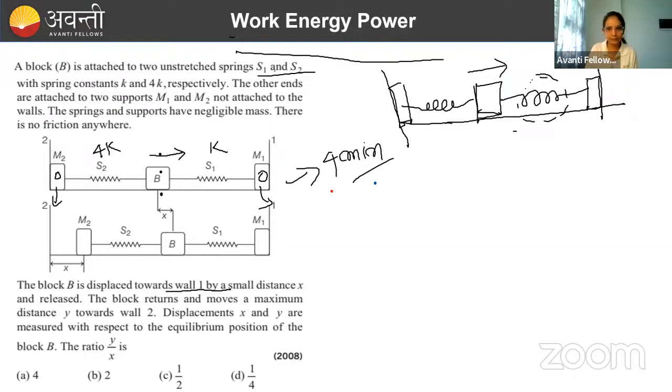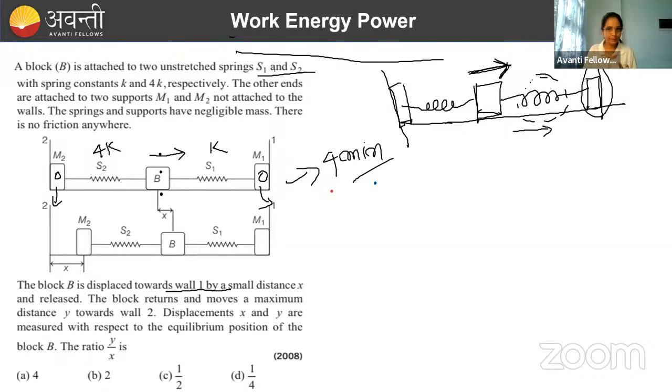In that process, this block is not going to move, because on this there are no forces acting, because this is applying a force. This is moving towards this, so this is compressing the spring. Done. So it will remain here.